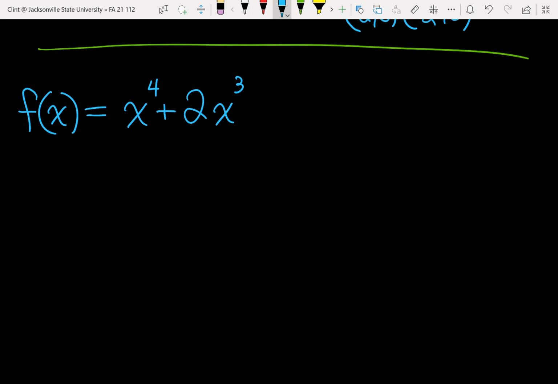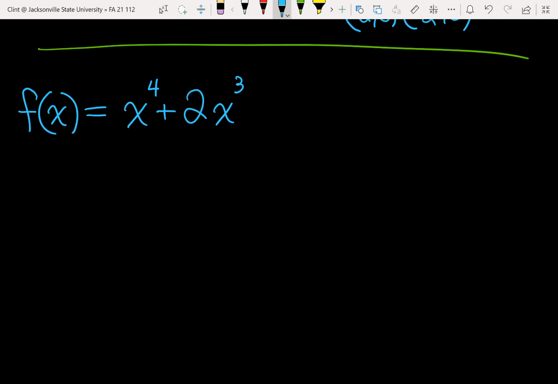Some stuff's easier when it's not factored, and some stuff's easier when it is factored. Some stuff's easier, some stuff's harder, either way.